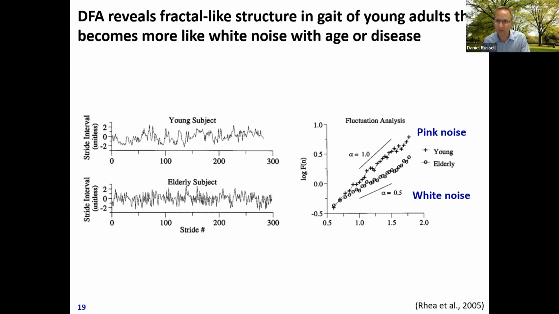This is also seen in individuals with disease. They tend to also have a shallower slope alpha. So detrended fluctuation analysis helps us reveal some structure in the variability that we wouldn't otherwise be able to detect. Now let's look at another way of looking at structure in time series.